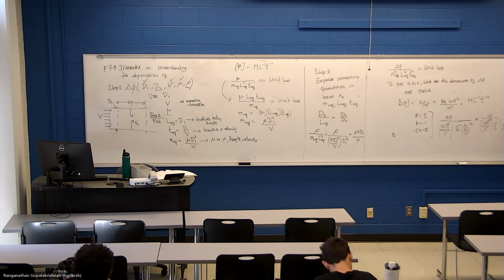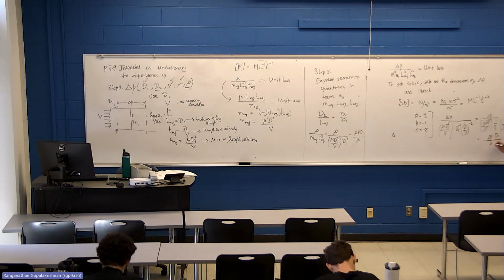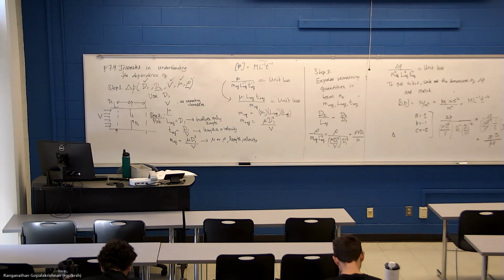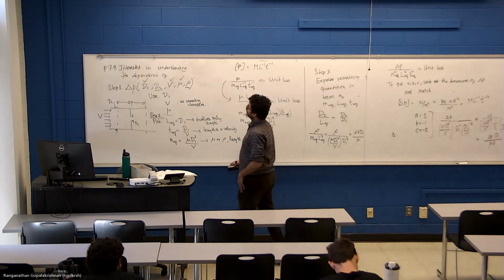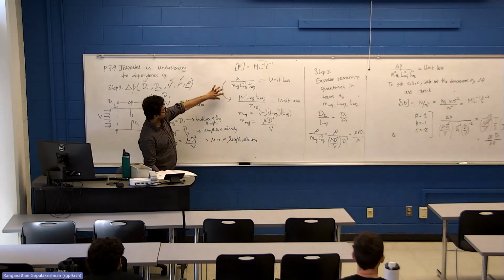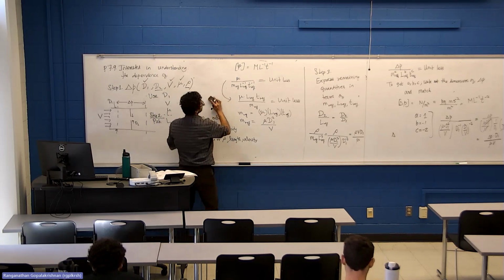So I get delta P times D1 divided by mu V. Can I erase this part? The middle part.